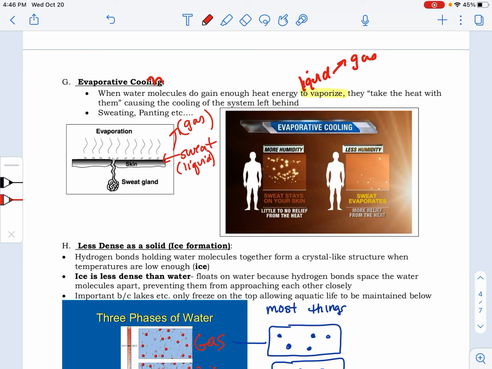When water does that, for example, with sweating, okay, if this is your skin, when you sweat, you have water in your sweat, which is a liquid, and when that evaporates off as a gas, it takes heat with it. So when something goes from the liquid state to the gaseous state, it takes heat with it. And so it basically takes heat off your skin. It's a way that we use to cool down.